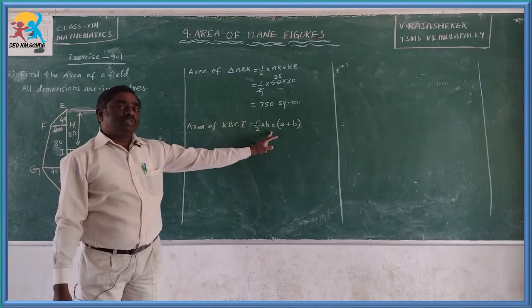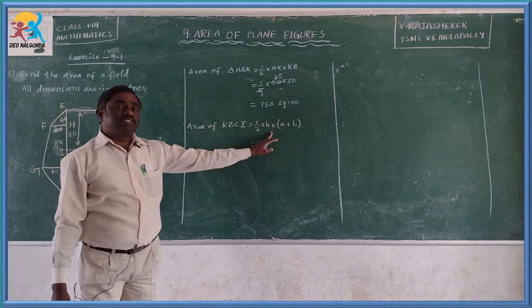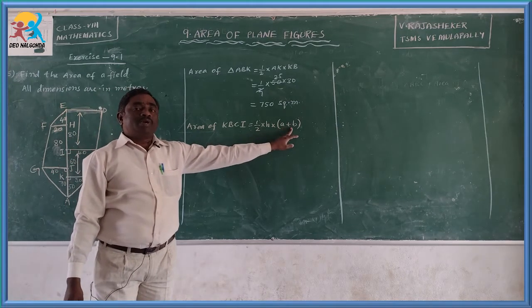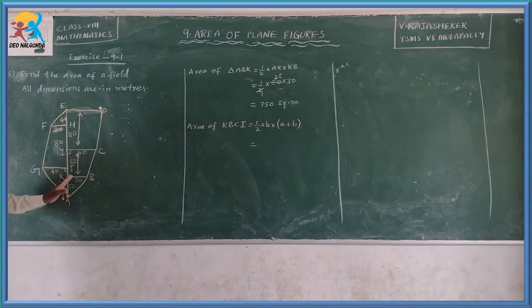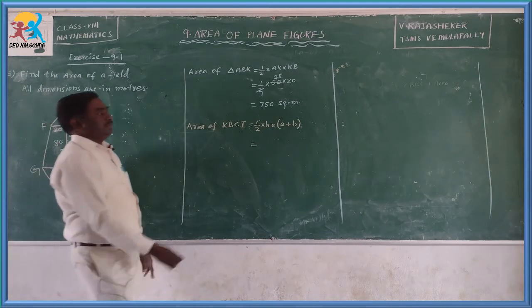The distance between the two parallel sides is given as 60, that means h is equal to 60, and a is 30, b is 40.